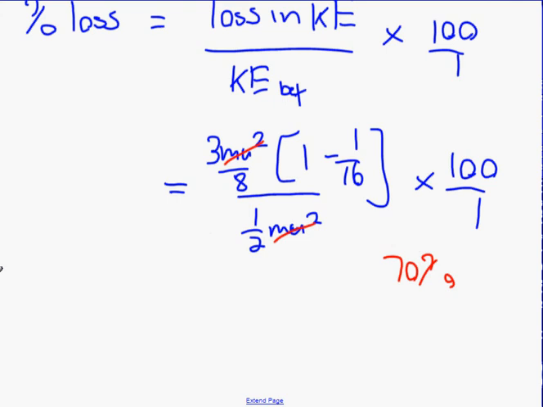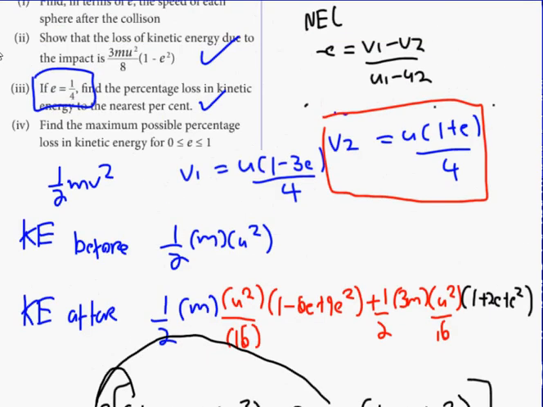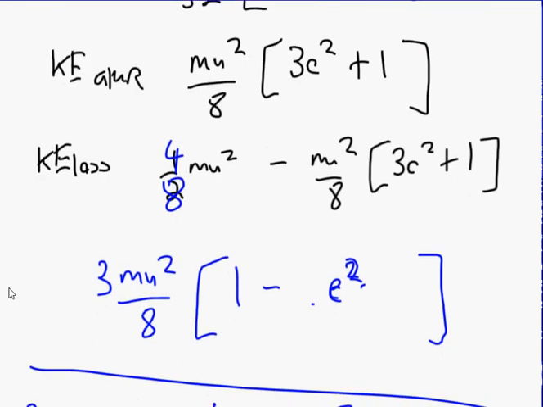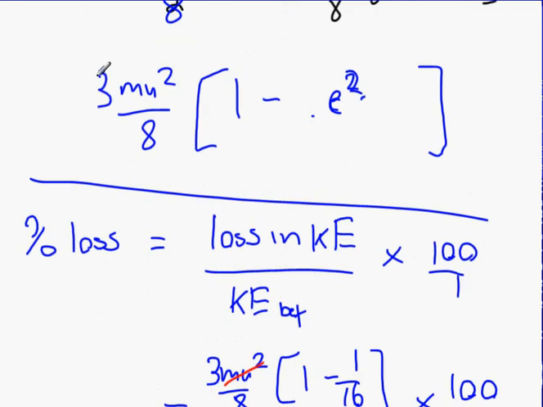Okay lads, last one. Find the maximum possible percentage loss in kinetic energy for e between 0 and 1, inclusive. So we're looking for the loss. What makes the loss bigger, lads? Look at this formula here.